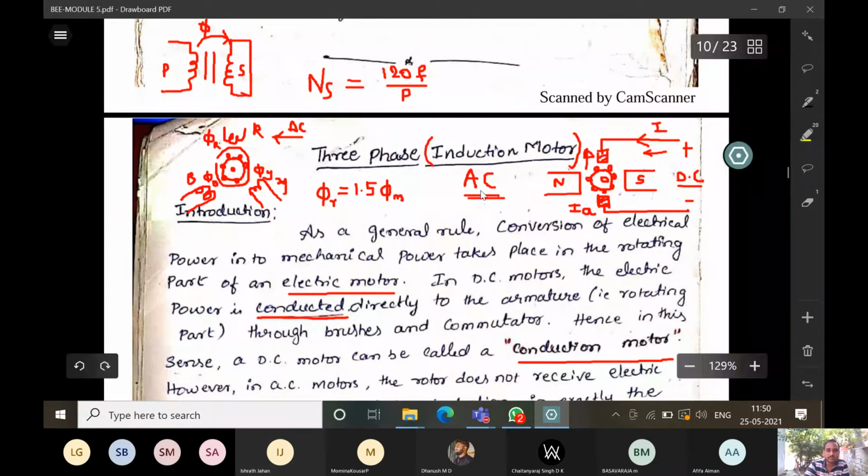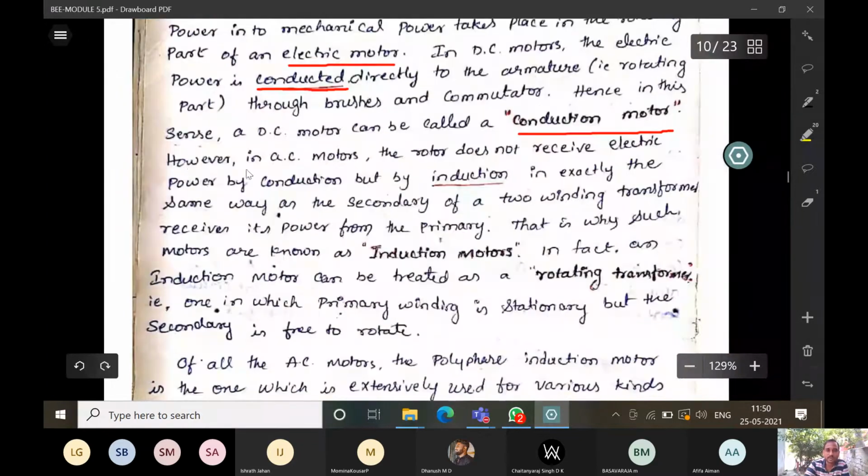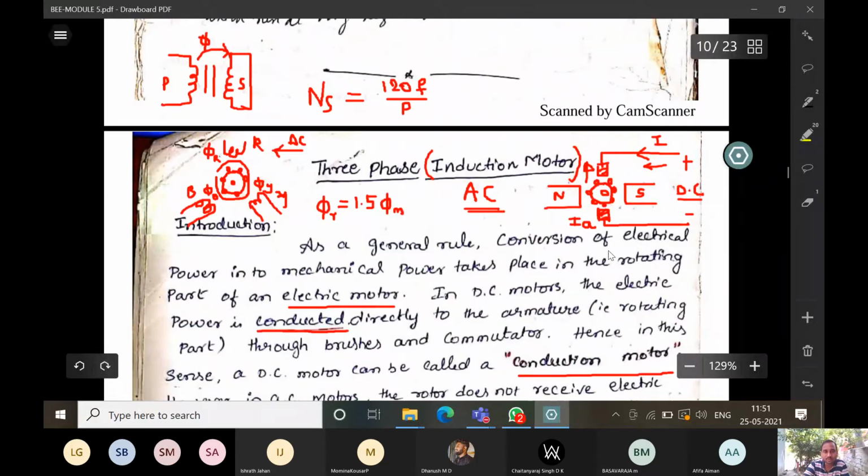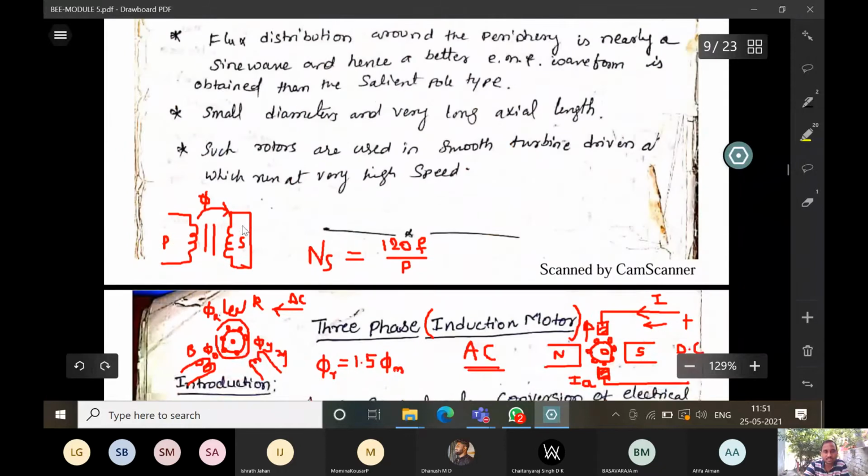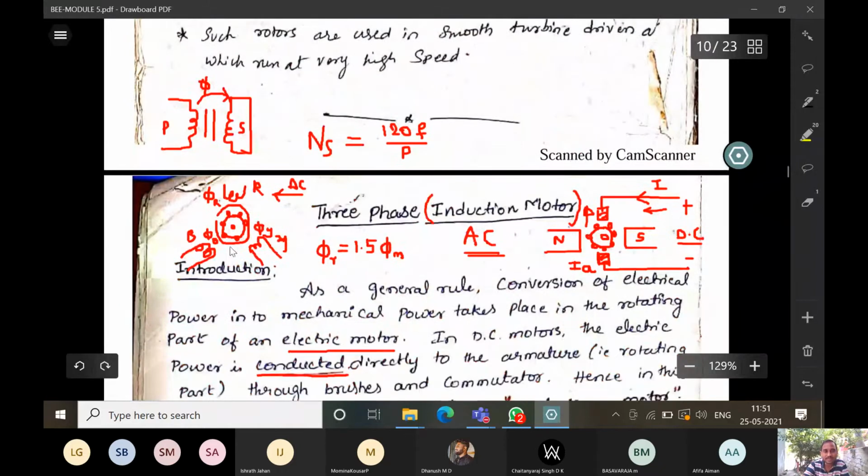So this is called the induction motor. In an AC motor, the rotor does not receive electric power by conduction, but by induction, in exactly the same way as the secondary of a two-winding transformer. A transformer is a stationary part, but this is a rotating transformer. This is the rotor part.